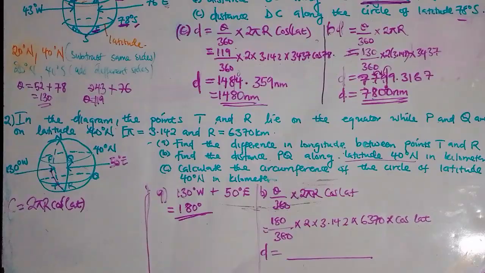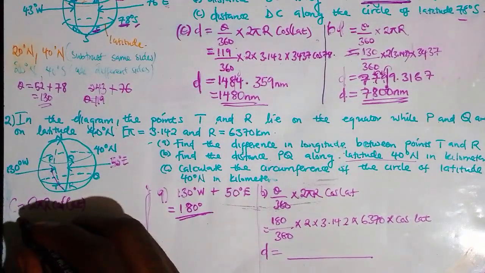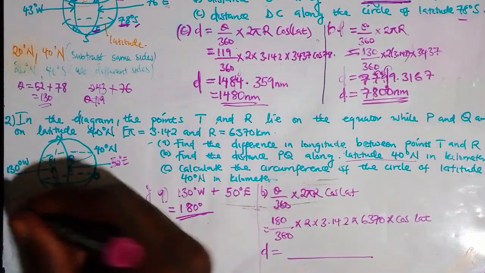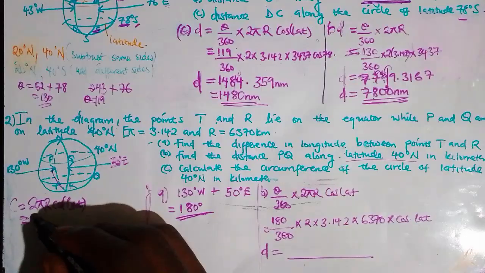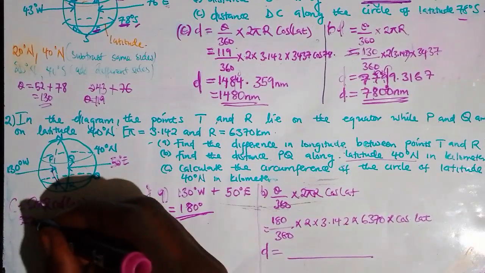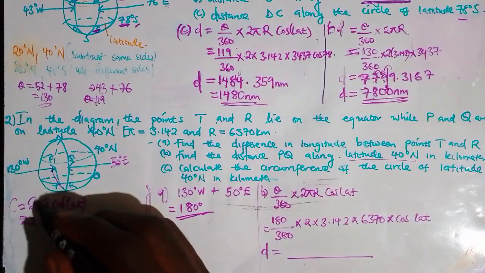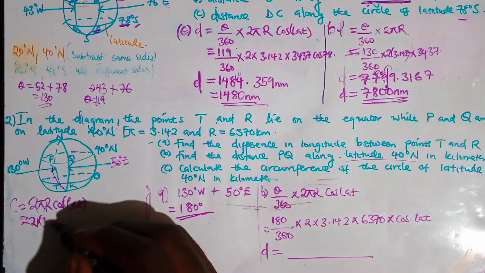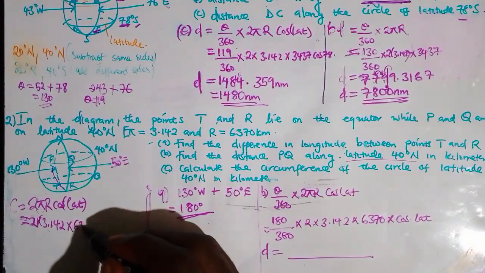Okay, so now we have 2. Yeah. So here we have what? 2. What is our pi? We have 3.142. What is our r? Our r is 6370.